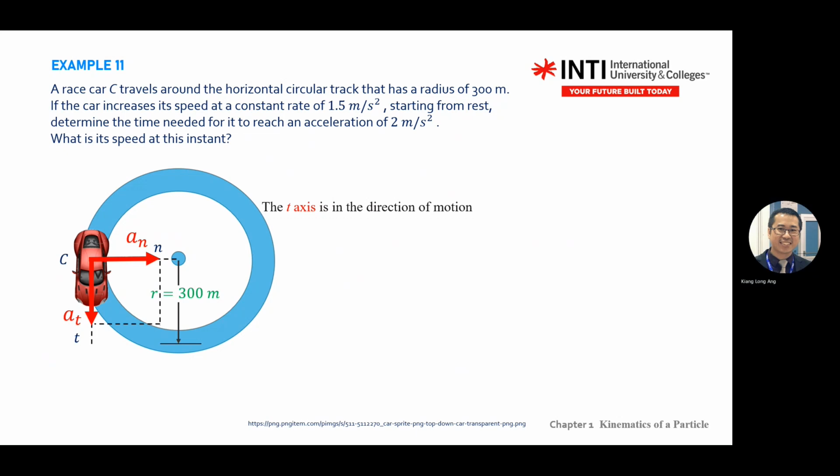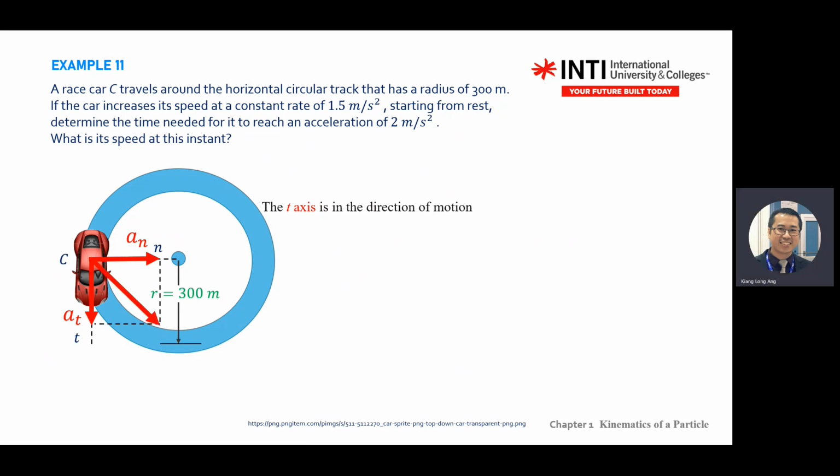Okay. So how do you find AN again? V square divided by rho. You have the rho, you have the radius. You need to find the V. Okay.